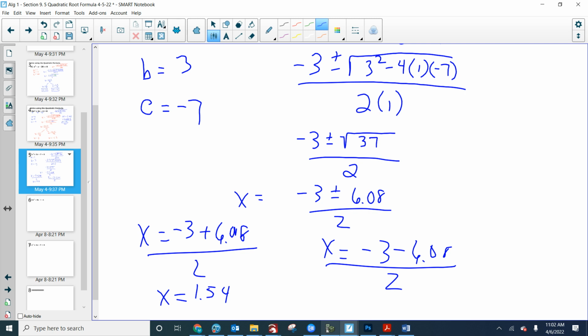Okay, now what about this one? Now this one's going to be negative, right? Negative what? Negative 4 point something. Thank you. Okay, so there.